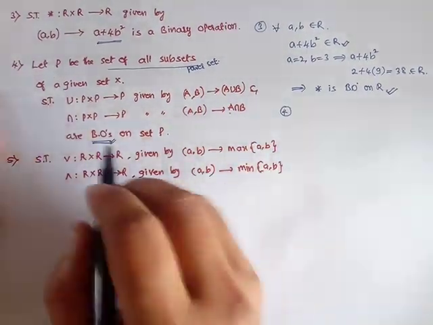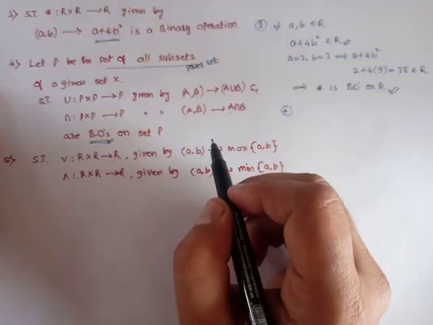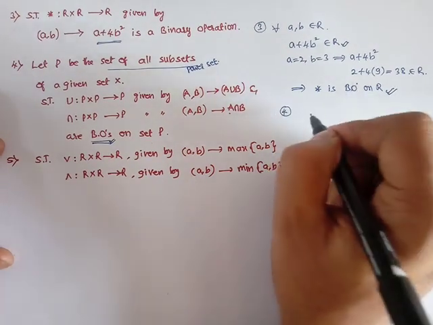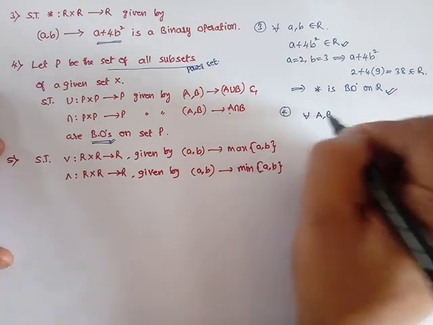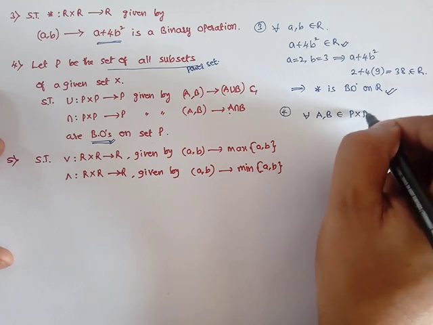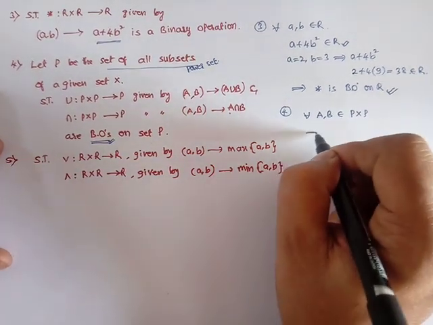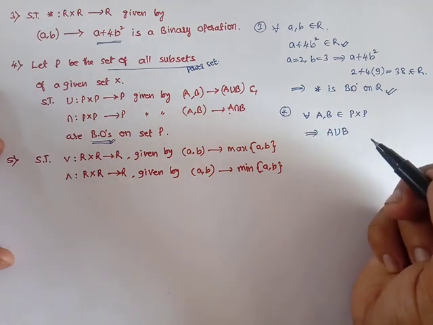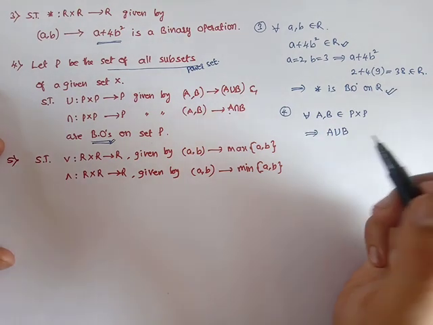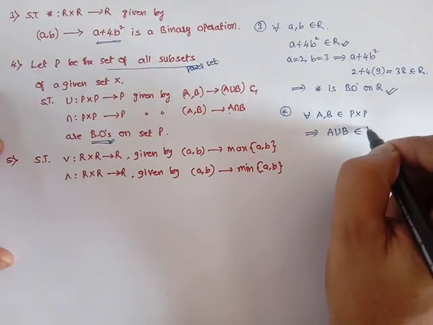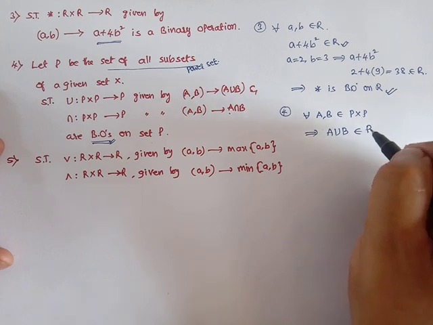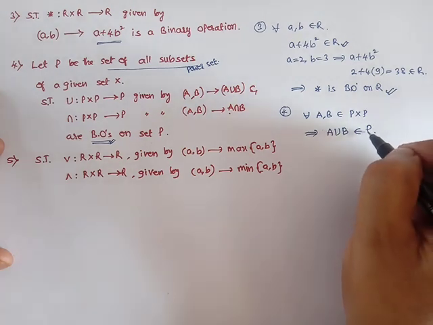Now, any elements you take from P cross P, like for union, for all a comma b belonging to P cross P, this implies the union of any two sets from the Cartesian product P cross P definitely belongs to P only, because P will contain the maximum set and it will contain phi also.